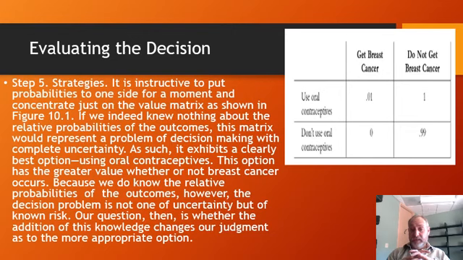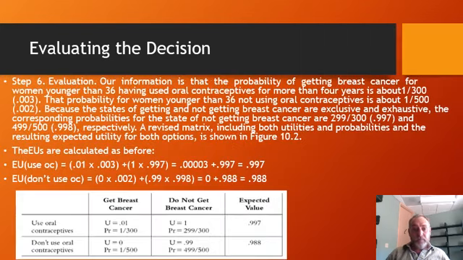However, we do have some information that really changes the situation. So we do need now to apply the probabilities we know about states of the world to this matrix. The information we have is that the probability of getting breast cancer if you've used oral contraceptives and you're younger than 36 is 1 in 300, so about 0.003.